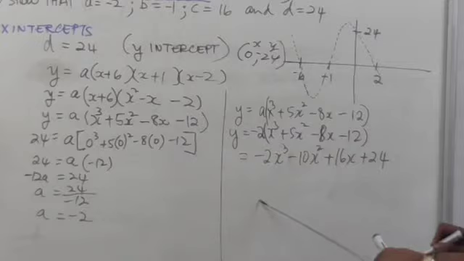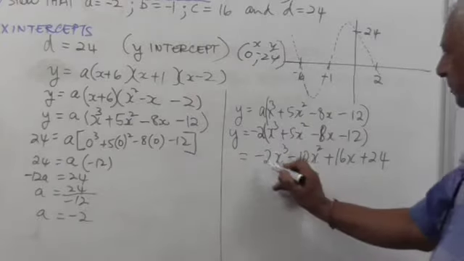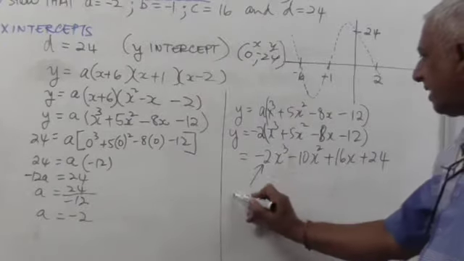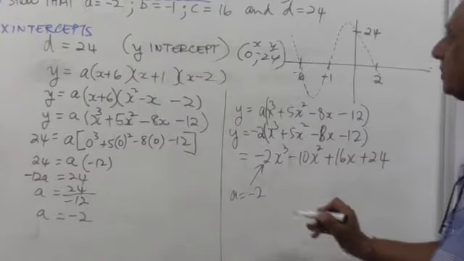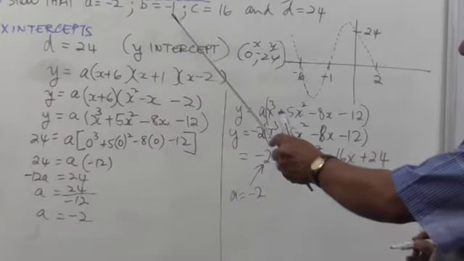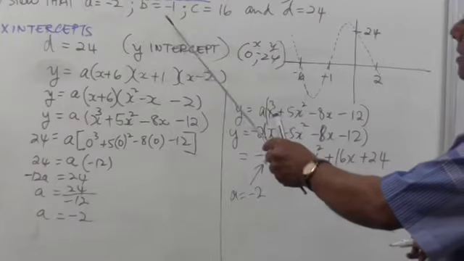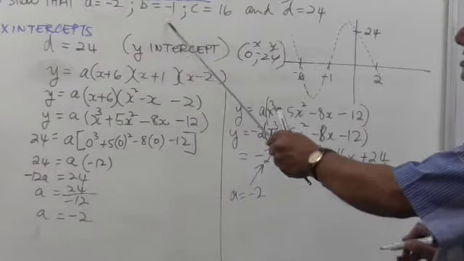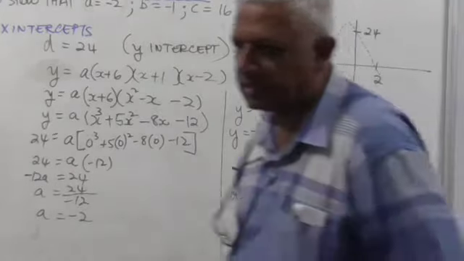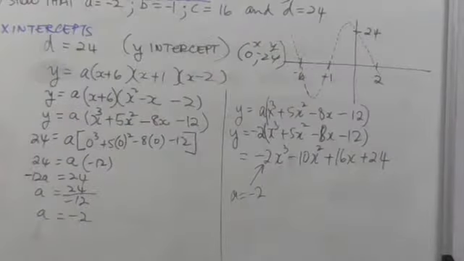Now let's see if we are satisfying them. There's the a. A is minus 2. Now b. Let me just check the question.